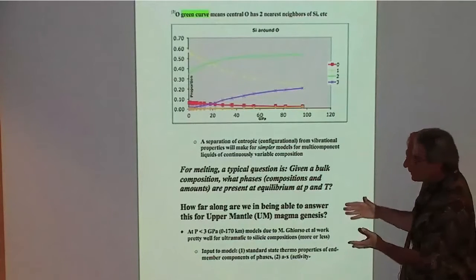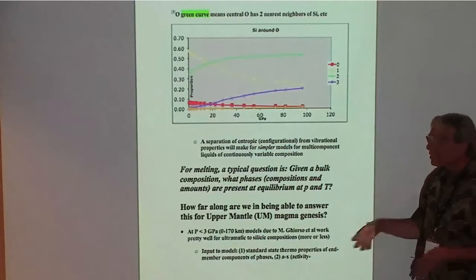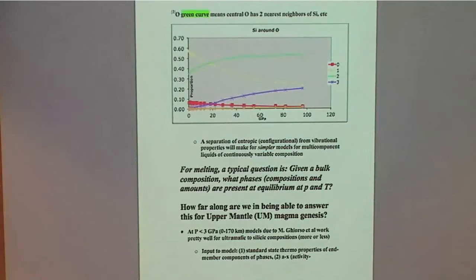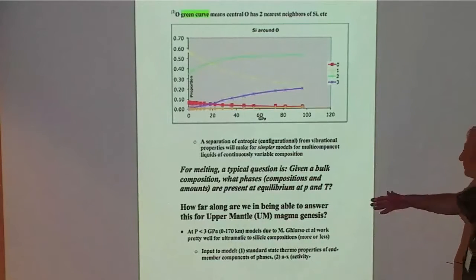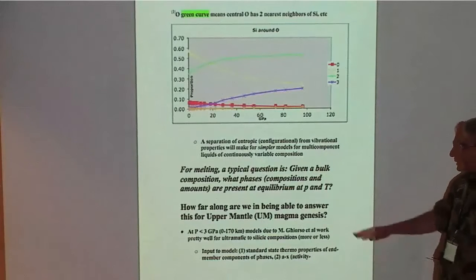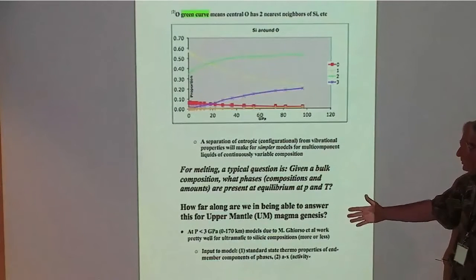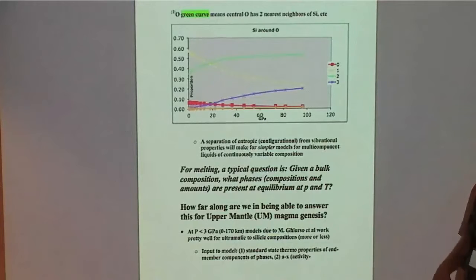What I want to address here is how far along we are in addressing this problem, and break it up into low pressure, upper mantle, which I'll have to skip over, give you some details, and then try to address this in the deeper mantle.